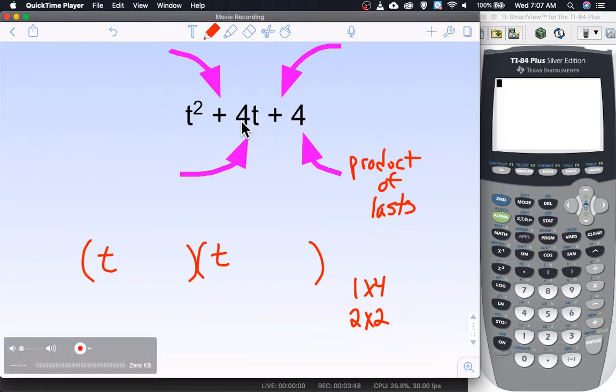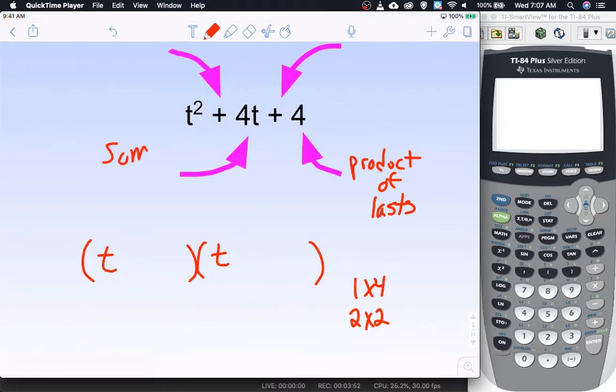This number here is the sum of outers and inners. Meaning, so I'm going to pick the wrong choice here. It's not 1 and 4.